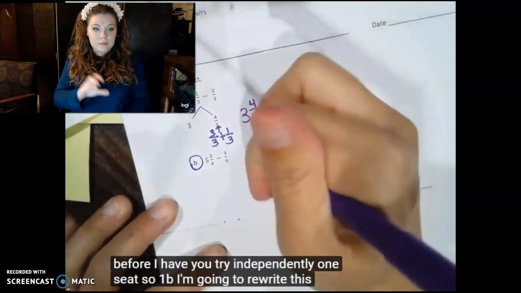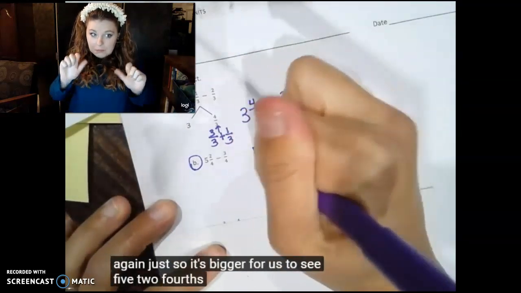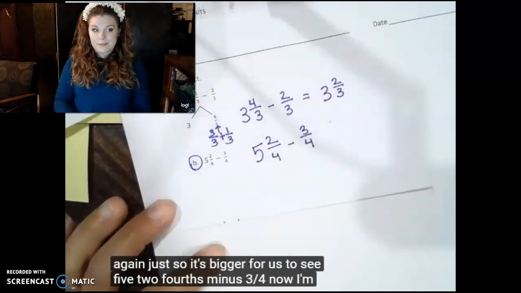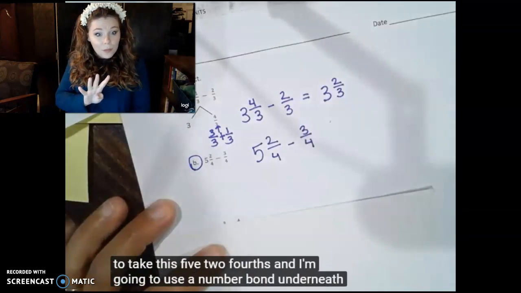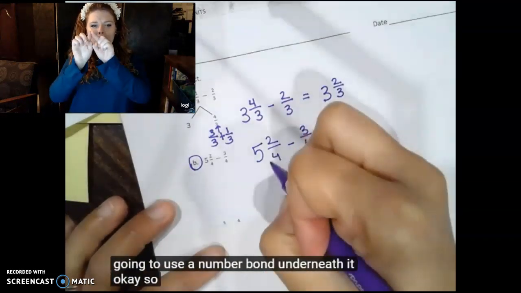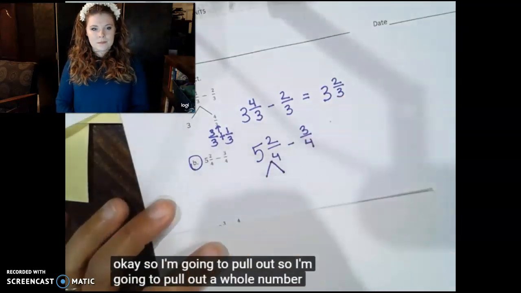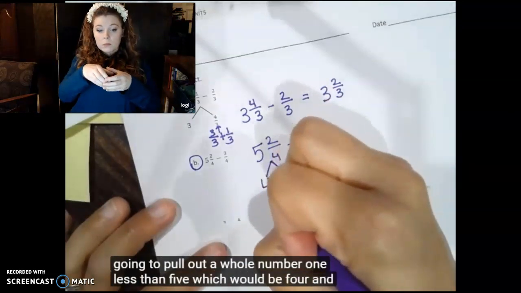So 1B, I'm going to rewrite this again just so it's bigger for us to see. 5 2/4 minus 3/4. Now I'm going to take this 5 2/4 and I'm going to use a number bond underneath it, okay? So I'm going to pull out a whole number, 1 less than 5, which would be 4.